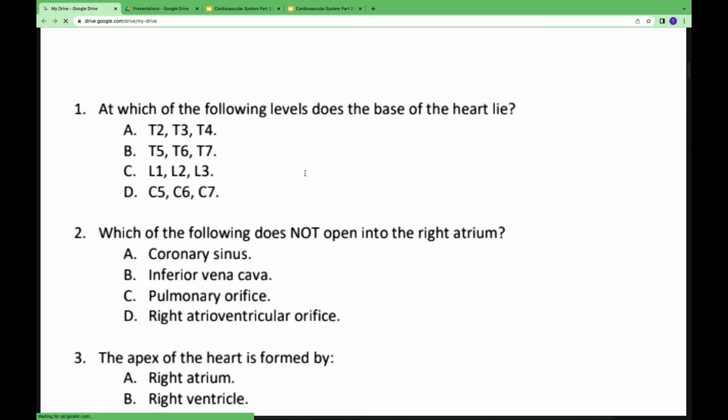First question. At which of the following levels does the base of the heart lie? Answer A, B, C, or D. Who said B? That was correct. Good. Can you say more about that? What do you know about the anatomic location of the heart?